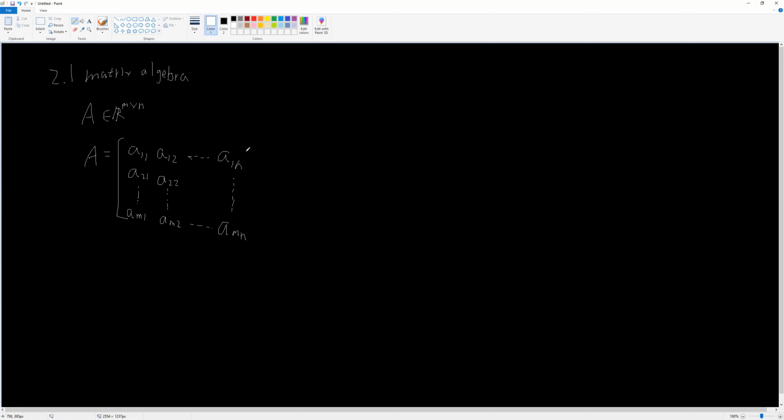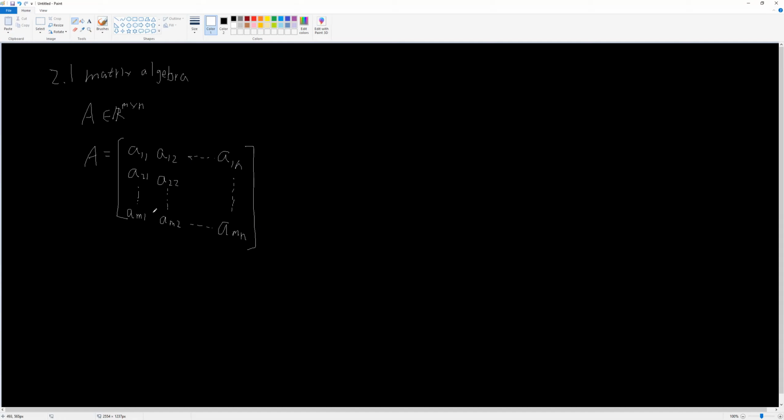So just some arbitrary matrix that we're working with that has the dimension m by n. And each of the entries can be named using which row or which column they're in. For example, a_m2, that is the entry in row m and second column.